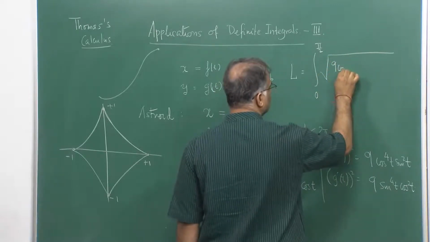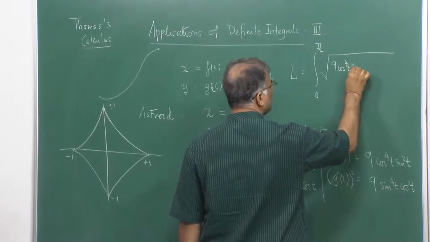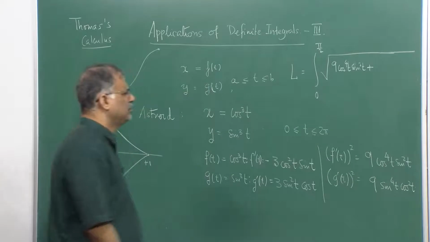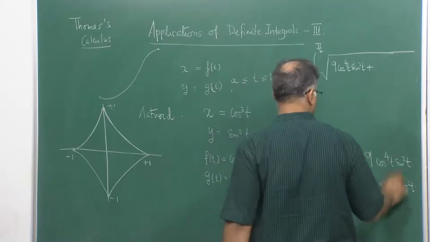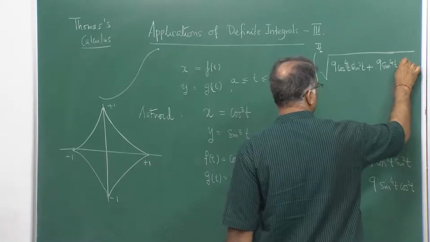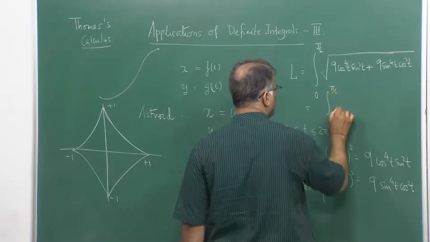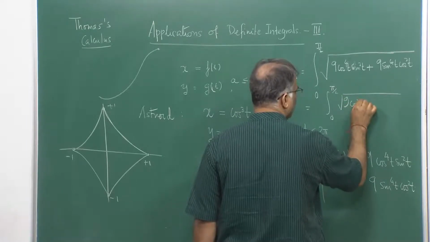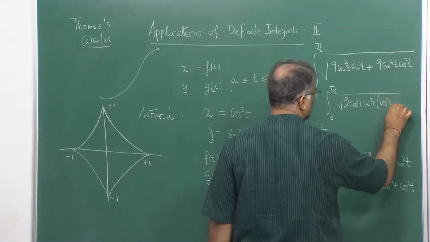then I will have the integral from 0 to pi by 2 of root over 9 cos 4 t sin square t plus 9 sin 4 t cos square t. So, that is equal to the integral from 0 to pi by 2 of root over 9 times cos square t sin square t into cos square t plus sin square t.